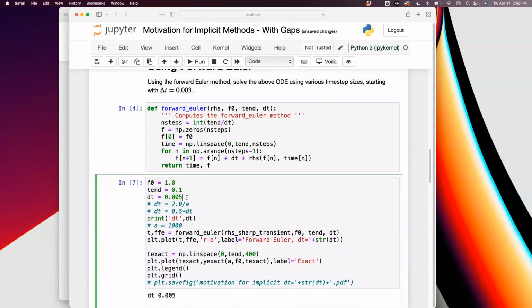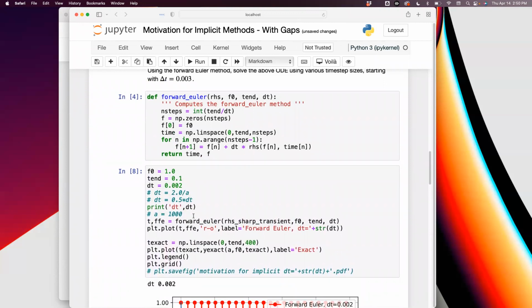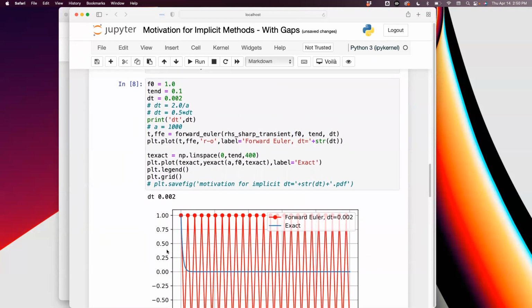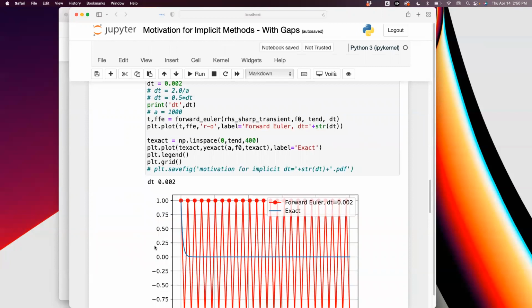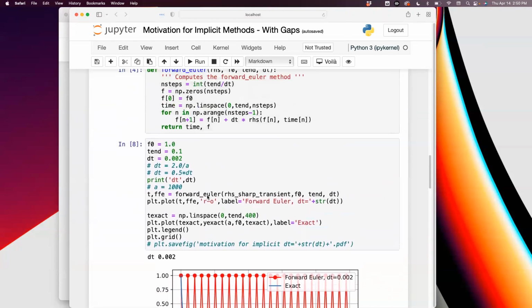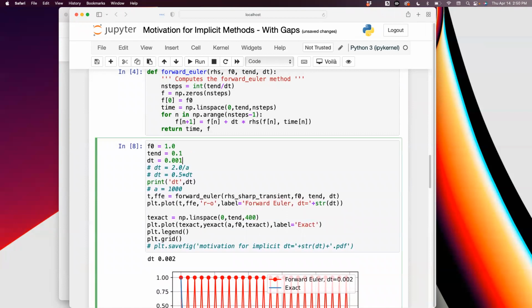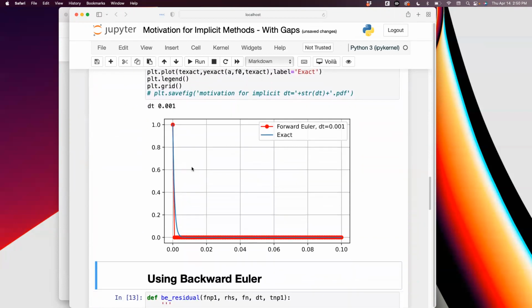Now let's go to 0.002. Look at that. It's bounded by -1 and 1, but it's quite oscillatory, jumping from positive to negative. So it's clearly not the right solution. But then you go to 0.01, and finally you get something that is okay.